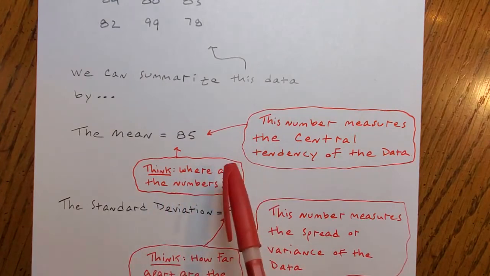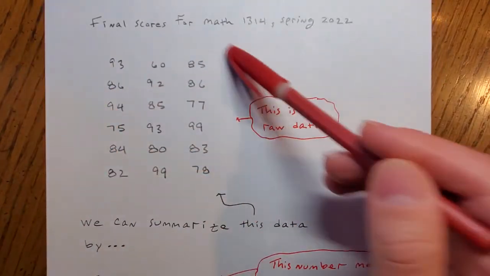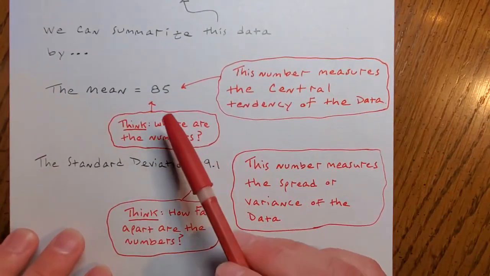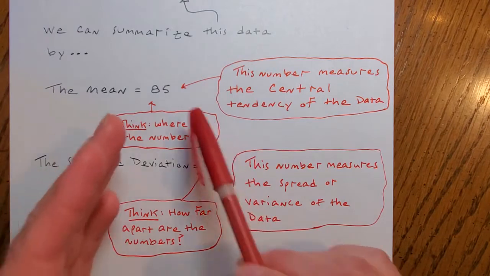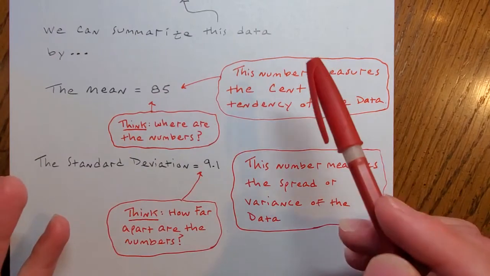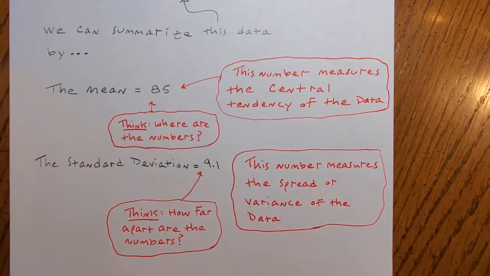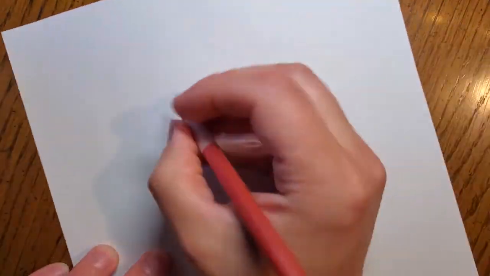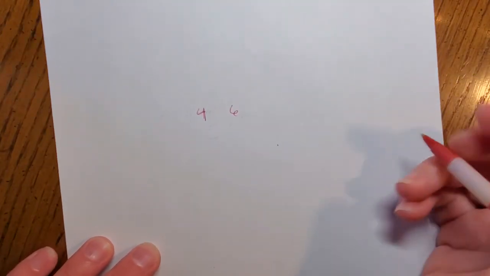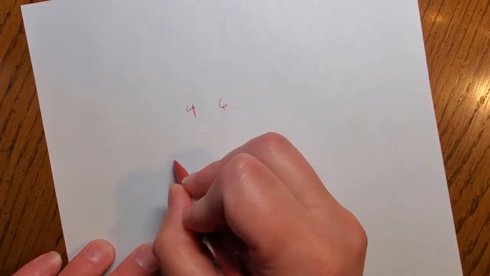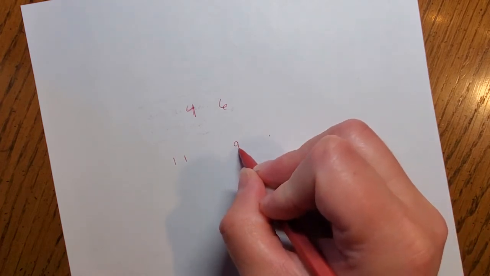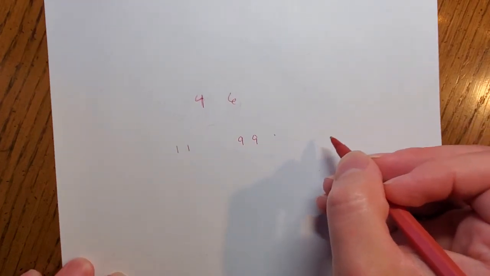Now, what else might there be to know about the data as far as quick summaries go? Well, could the numbers be close to 85? Or could they be more spread out? Okay? So, like, if I say 4 and 6, the average of 4 and 6 is 5, okay? But I could have something like 1 and 1 and 9 and 9 or something like that.